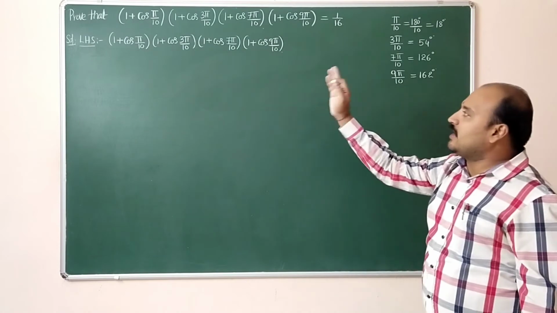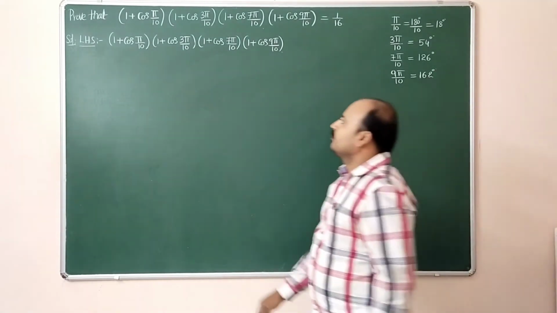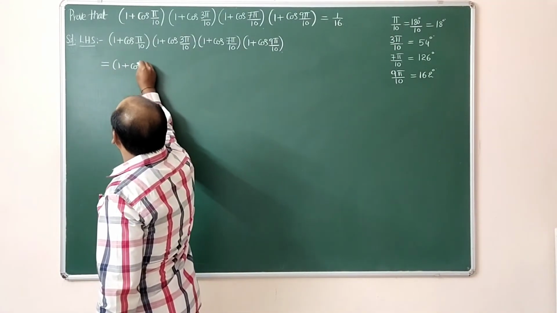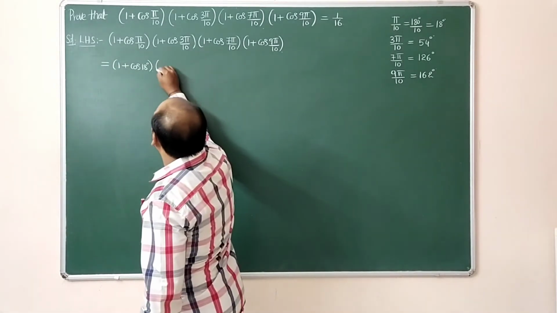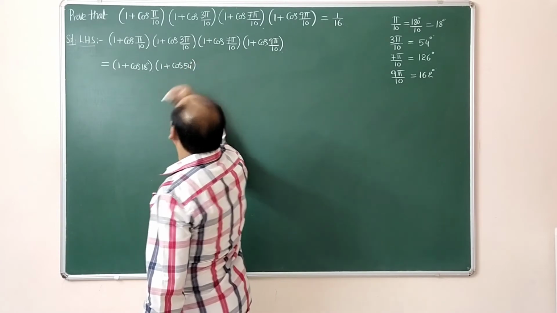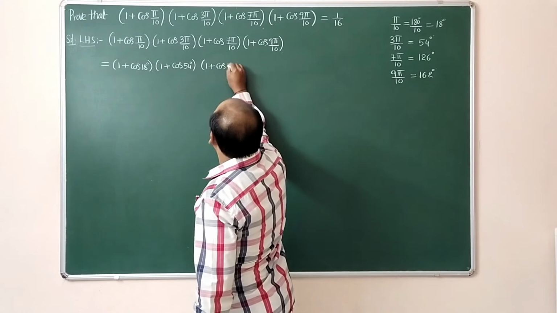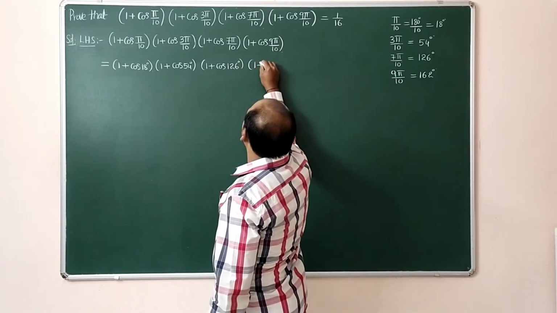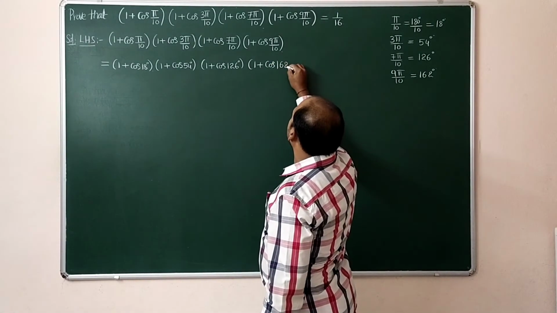This is the information. Wherever pi by 10, 3 pi by 10, 7 pi by 10, 9 pi by 10 appear, you have to replace them with these values, which gives 1 plus cos 18 degrees, 1 plus cos 54 degrees, 1 plus cos 126 degrees, 1 plus cos 162 degrees.